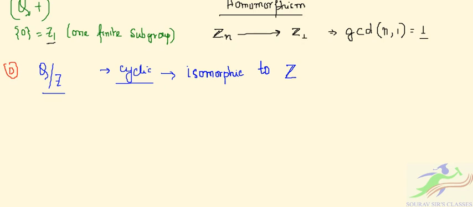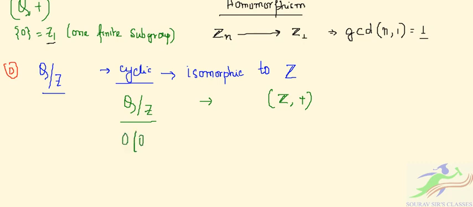Now we write these two things. One is Q/Z, and another we have this Z. Right? Now here, the order of many elements will be finite over here, not a single element is the same.